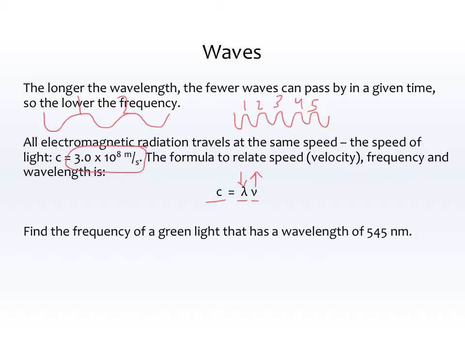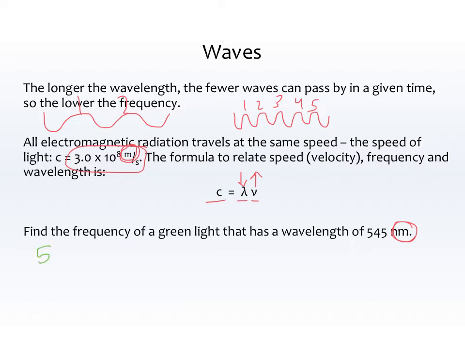So we can use that formula to find the frequency of green light that has a wavelength of 545 nanometers. So first of all, 545 nanometers and 3.0 times 10 to the 8 meters do not have the same unit of distance. So my very first step is factor label, going back to unit 1 and looking to see how many nanometers there are in a meter.